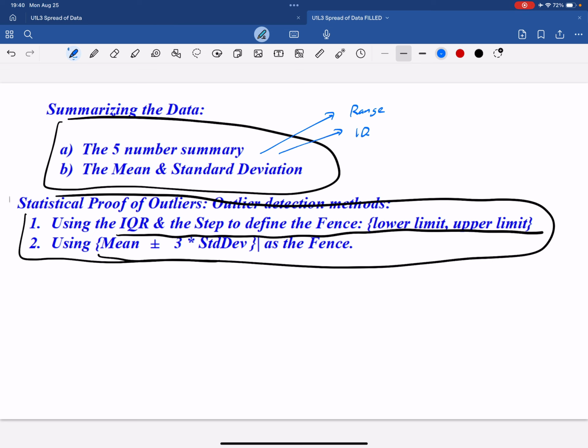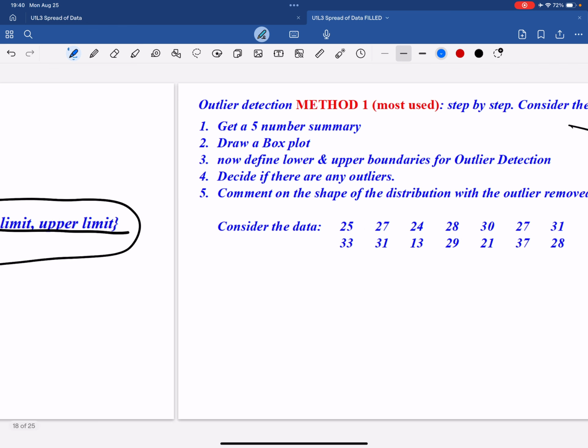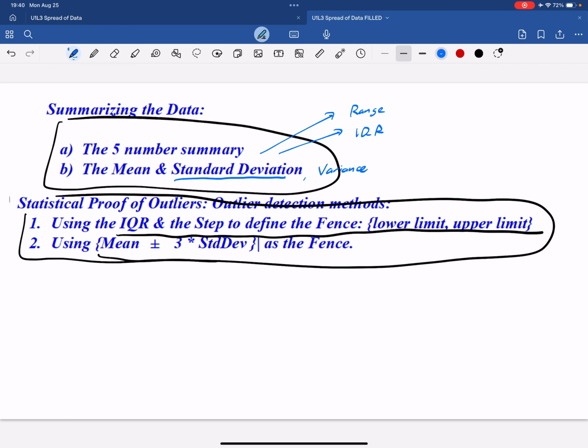That's really it for spread for box plots. Standard deviation, we could also do variance. Outlier determination. Actually, this is one other one.